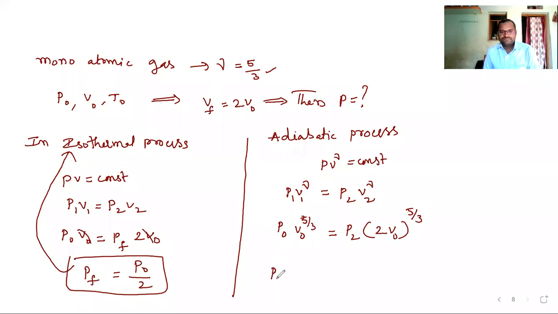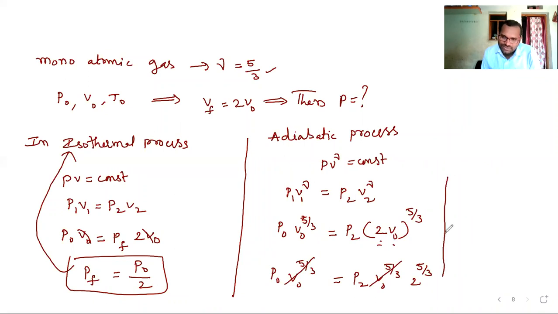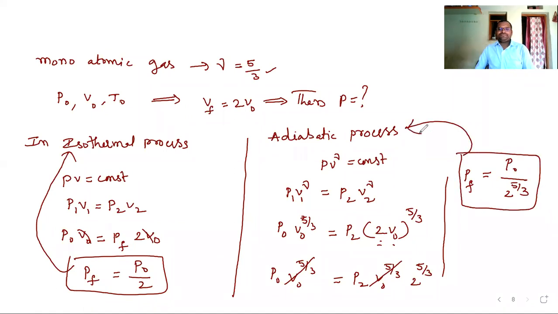It becomes P0 V0 power 5/3 equal to P2 into V0 power 5/3 into 2 power 5/3. V0 power 5/3 cancels. We will get P final equal to P0 divided by 2 power 5/3. This is the final pressure in the adiabatic process.